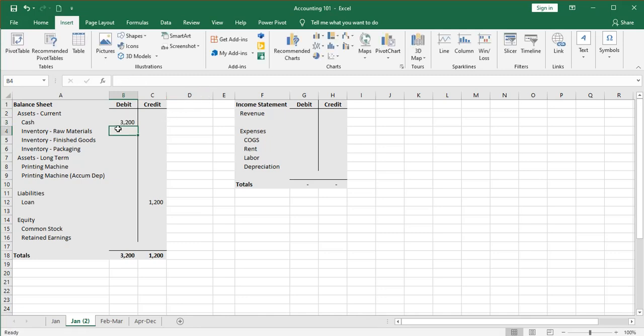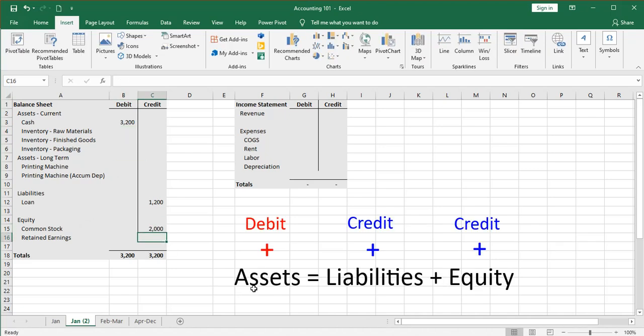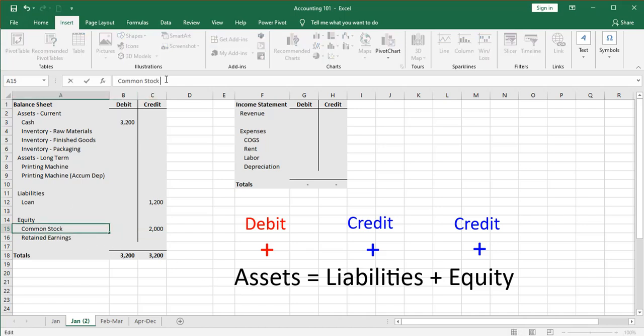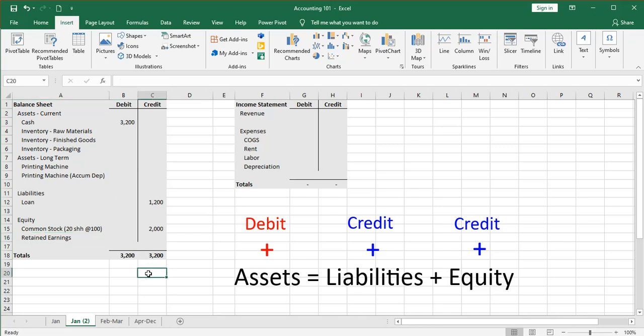Now I have a difference in debits and credits, so I need to put a credit somewhere, and that credit's going to go down here in common stock, $2,000, and we're going to state that as 20 shares at $100. That's not really important to know. What's important to know is that we now have a shareholder with $2,000 in equity.